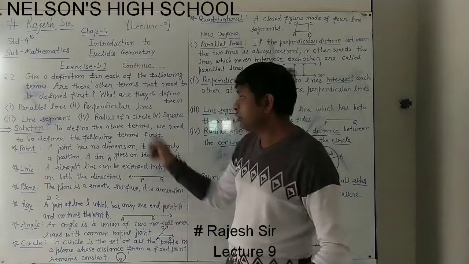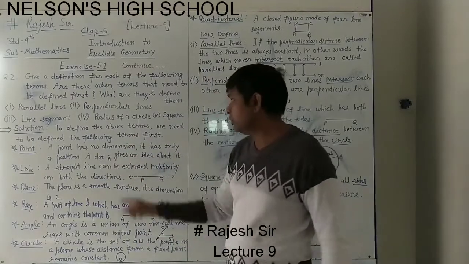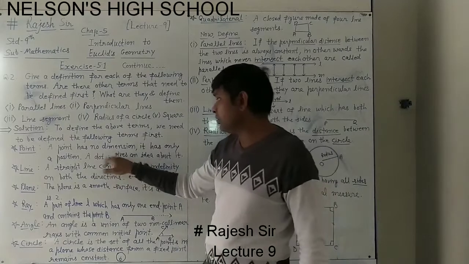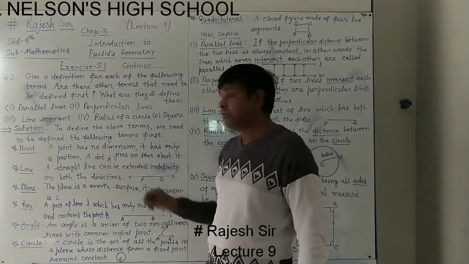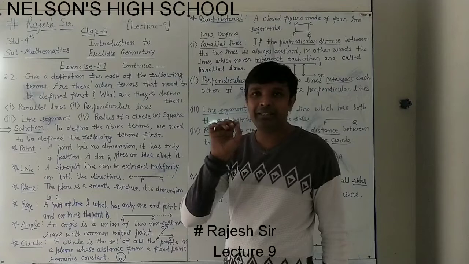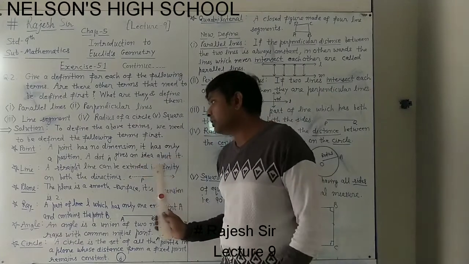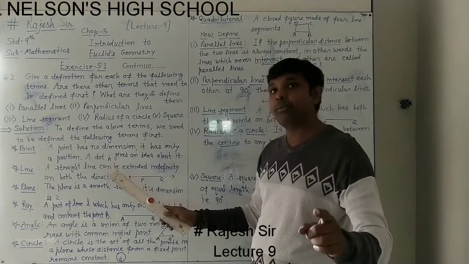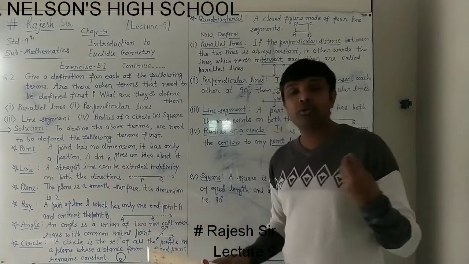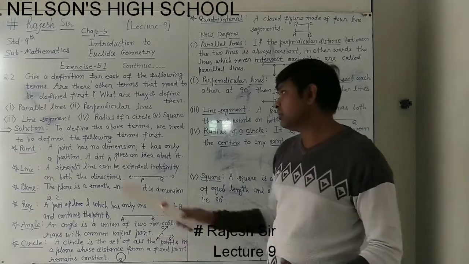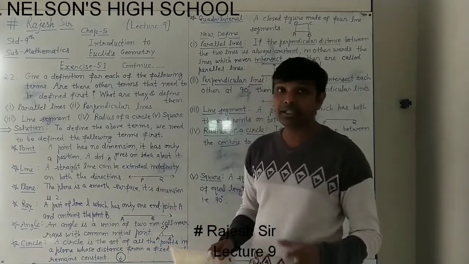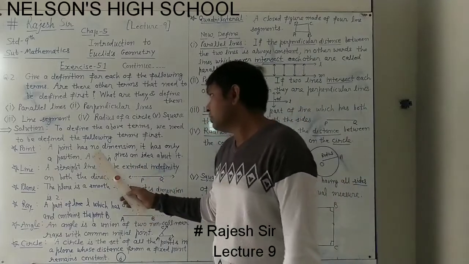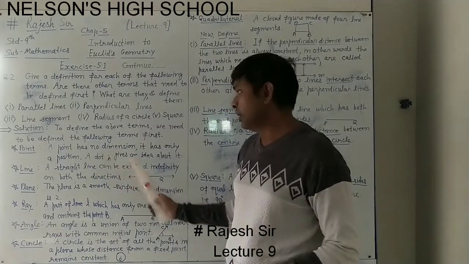When you want to show a point, you put a dot and give it a name, some alphabet like A. If you make a mark with a sharp pencil, it only gives an idea. It is not actually a point, because a point has no measure and no dimension. So we represent it by a dot only to get an idea of what a point is. It is only an idea, not actually a point. Actually the point is a position and it has no length.